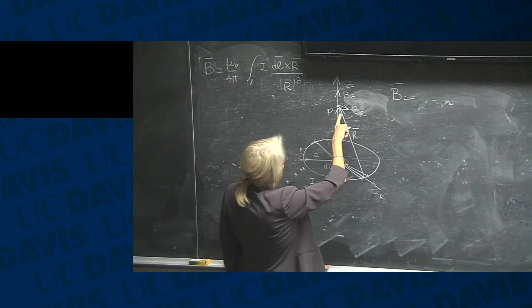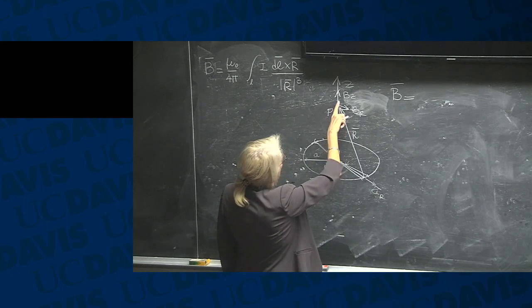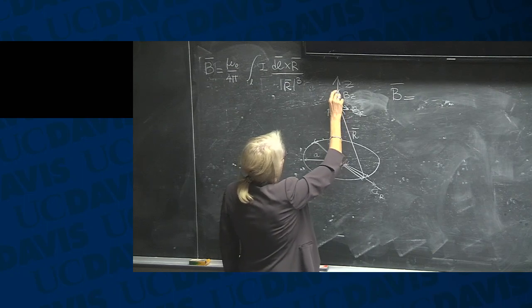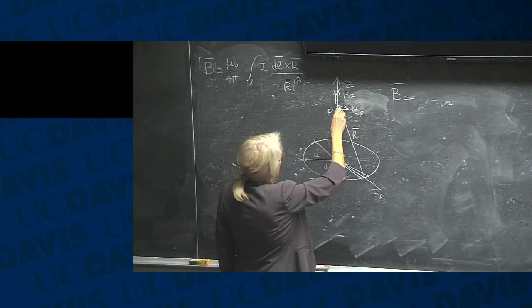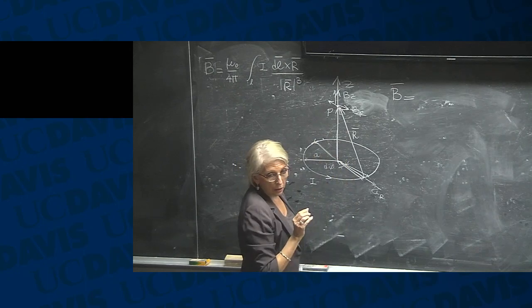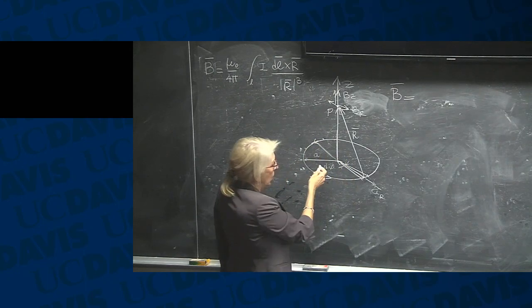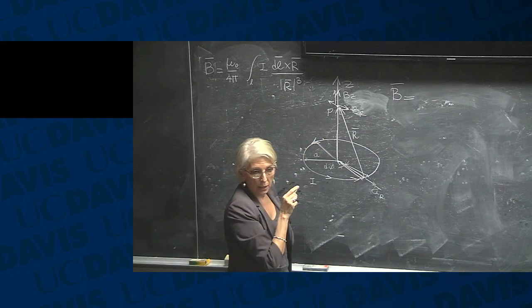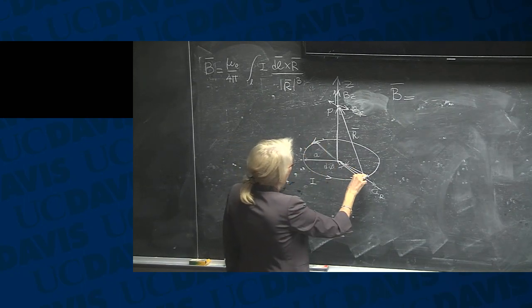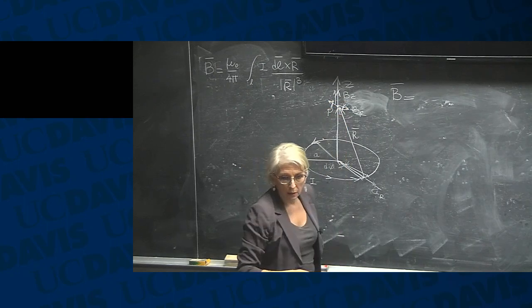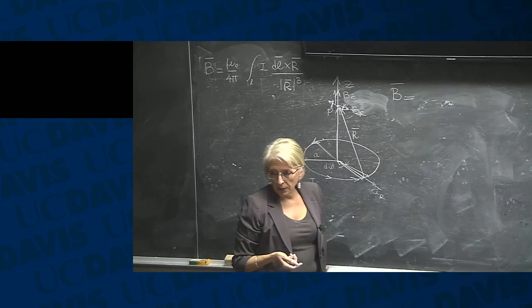It's going to create the same kind of B, but the A sub R is going to be along the opposite direction, because the current flows like this here and like this here. So when you integrate through the whole thing, the R components will cancel out.